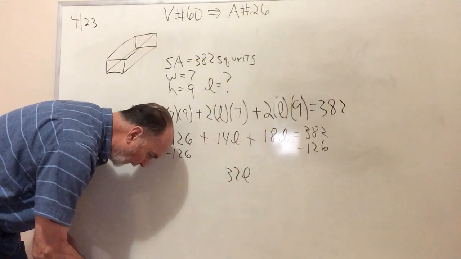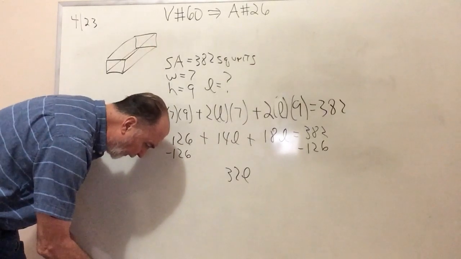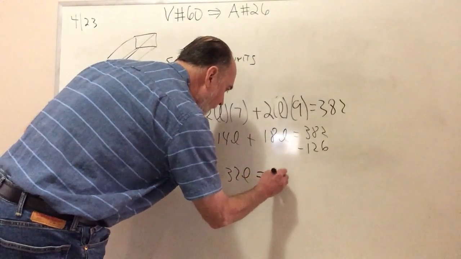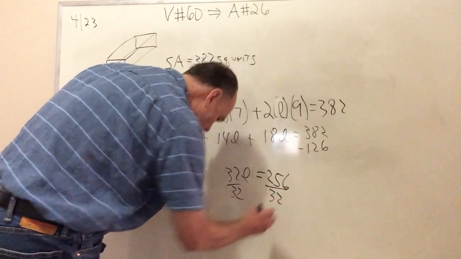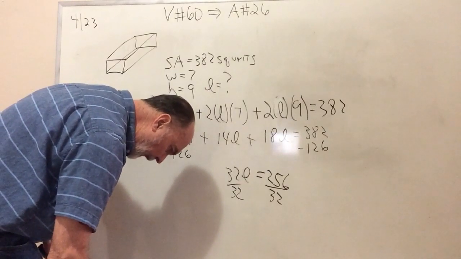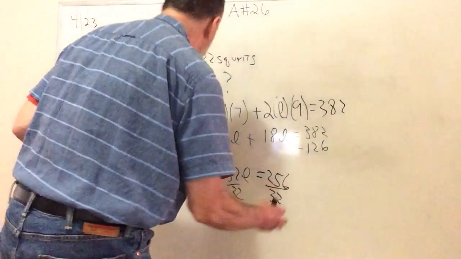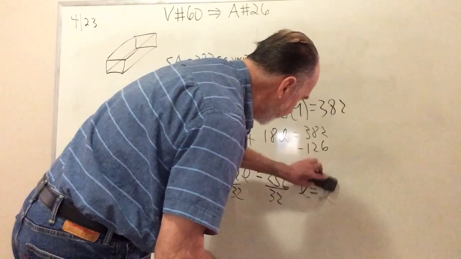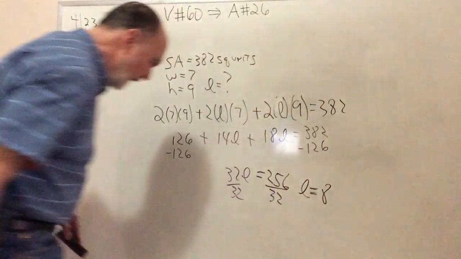I don't know why I didn't work out the math myself. 382 minus 126, and that would be 256. And then when we divide both sides with the calculator, of course, my answer was L equals 8. Of course L equals L, but L also equals 8.